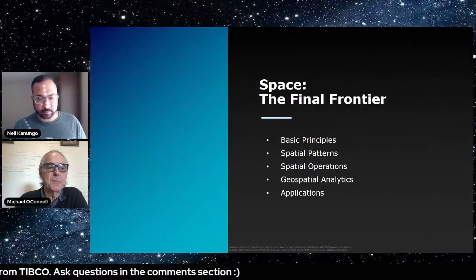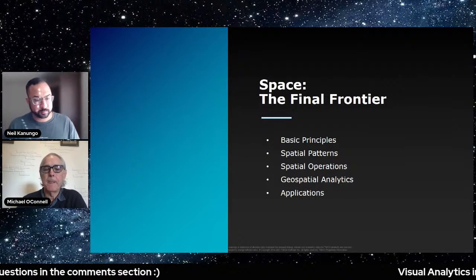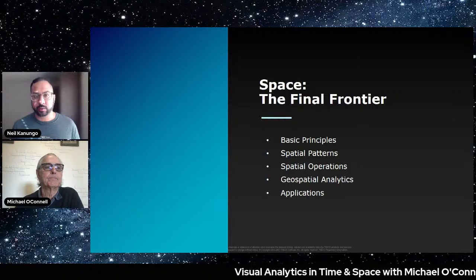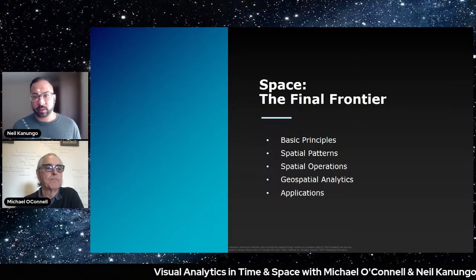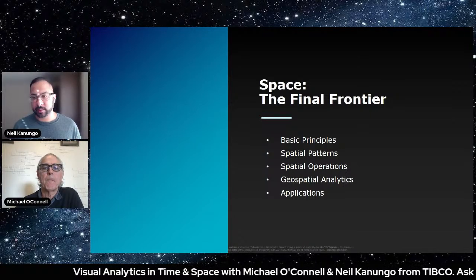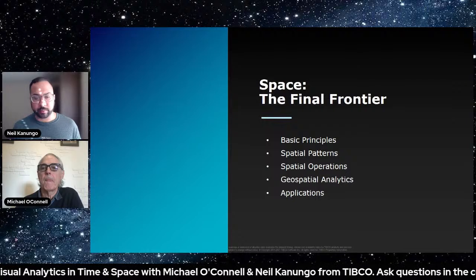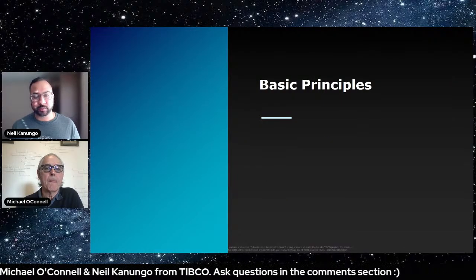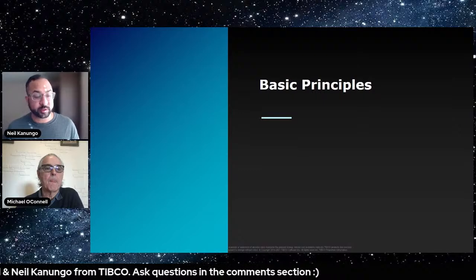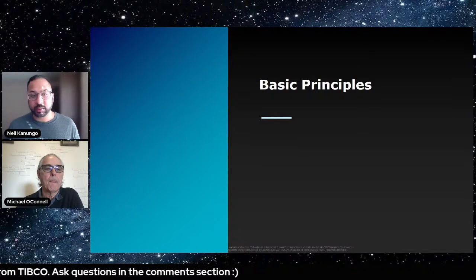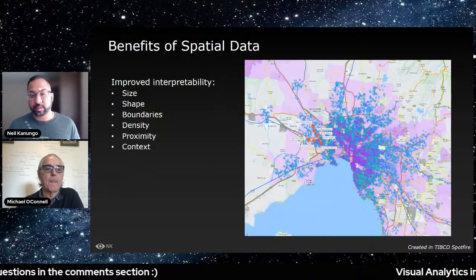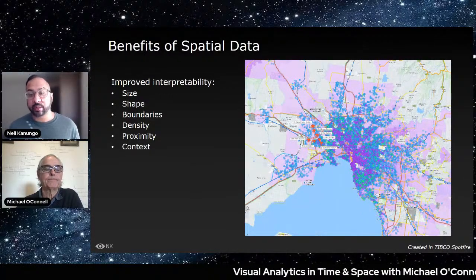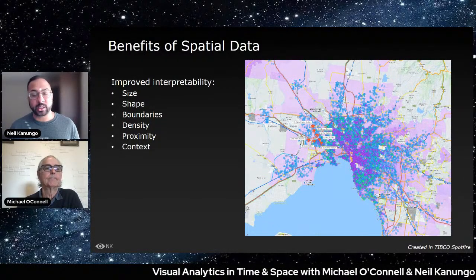Neil, let's get into the space, which is the focus of today. Yeah, the focus of today's talk was the space. A lot of what we just showed was a recap of some of the topics we've talked about in the past, but now we're going to go into some new topics on space and how we use spatial principles for visual analytics. Some of the basic principles: the benefit of spatial data is that you have improved interpretability of size, shape, boundaries, density, proximity, and context.